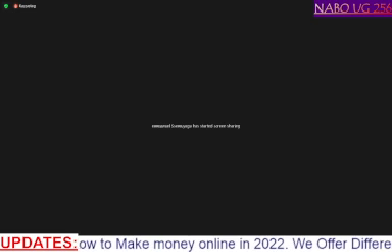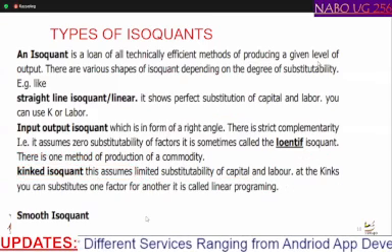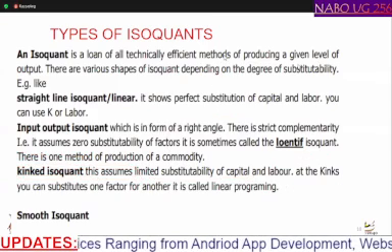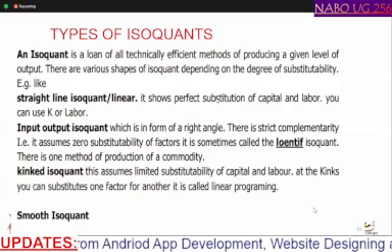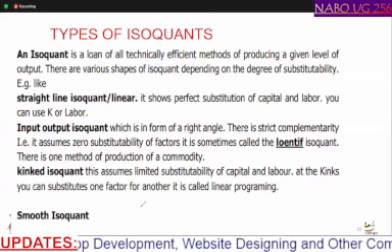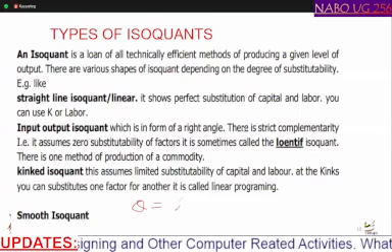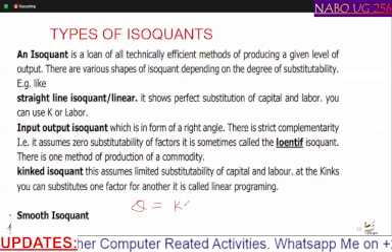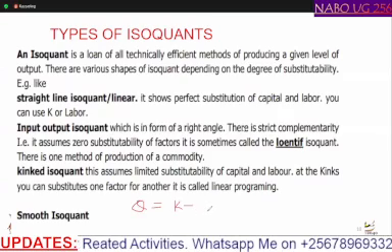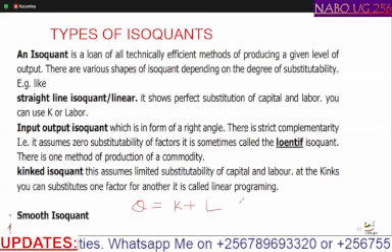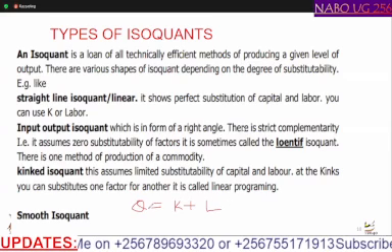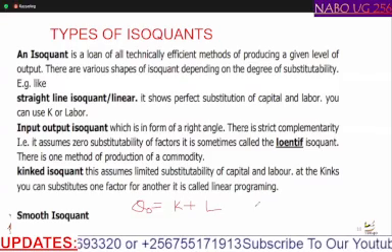Now, clear? Let me give you a simpler example. Given that output Q, I'm going to use constant returns to scale, is equal to K plus L. This is my Q naught.